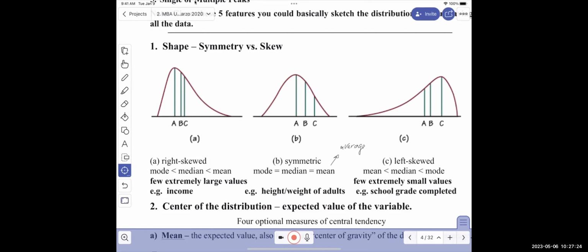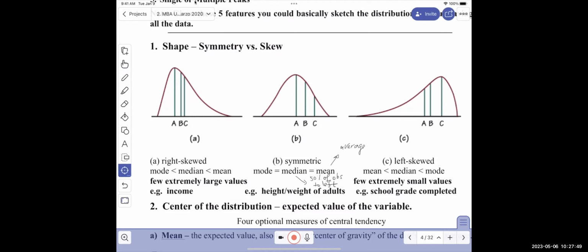So the mean or the average also is the middle value. Now those are different calculations, okay? So median is the middle value.